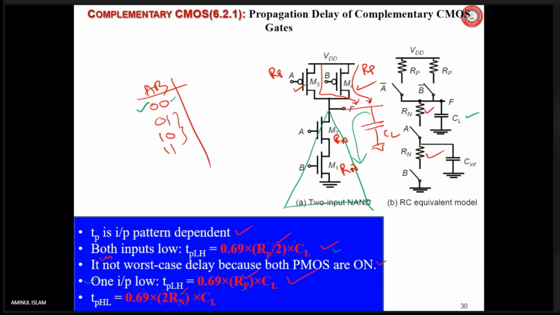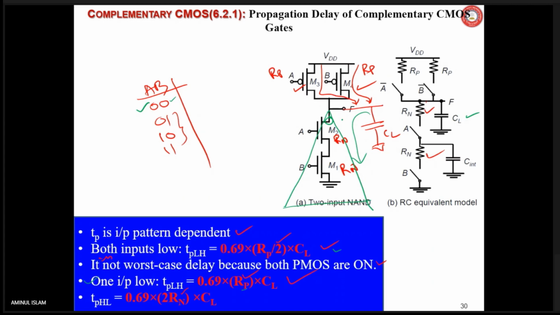Okay. Anybody want to say anything? Shashank? Sir, capacitance is directly proportional to area. Yes, that is why we reduce the area. Still, the drain diffusion capacitance of this MOSFET should be as small as possible because it is connected to the output node.